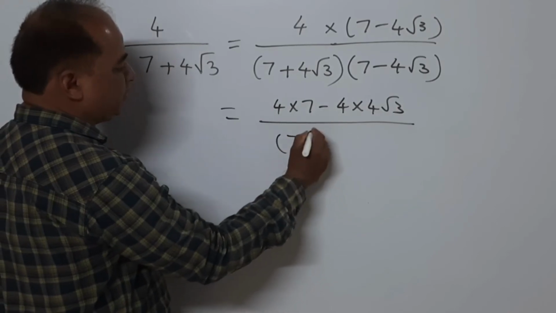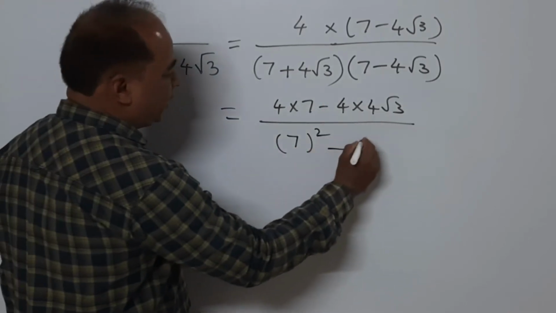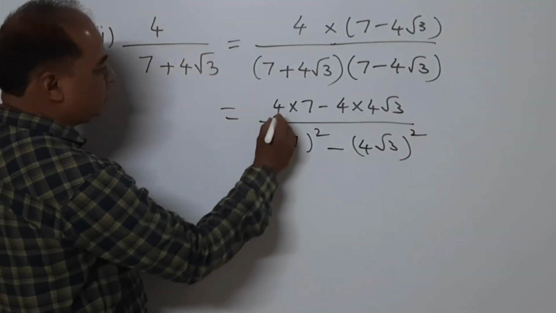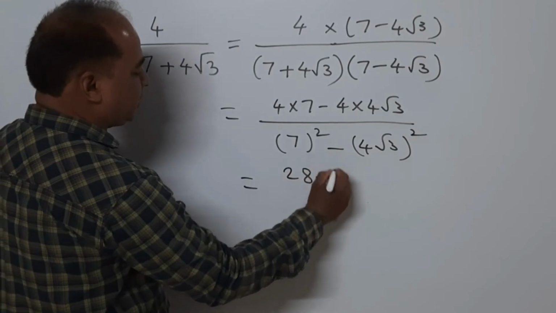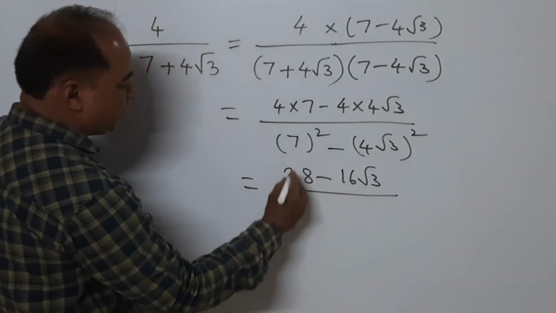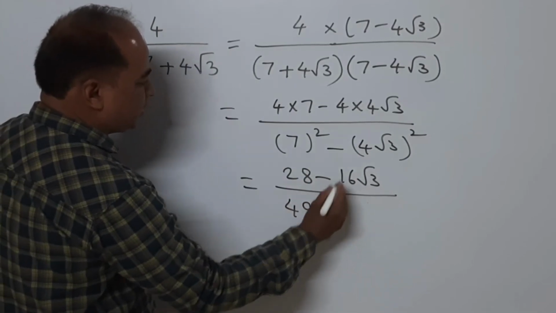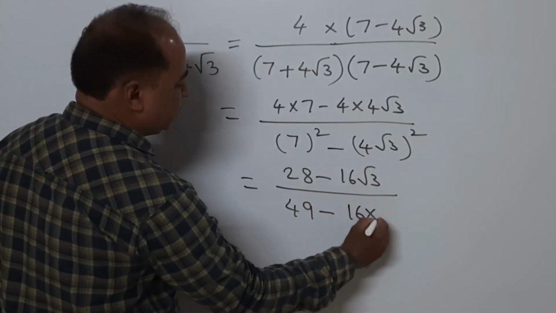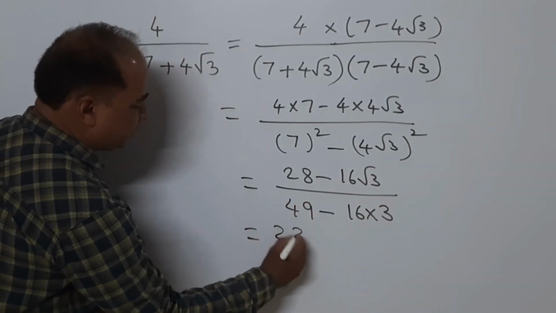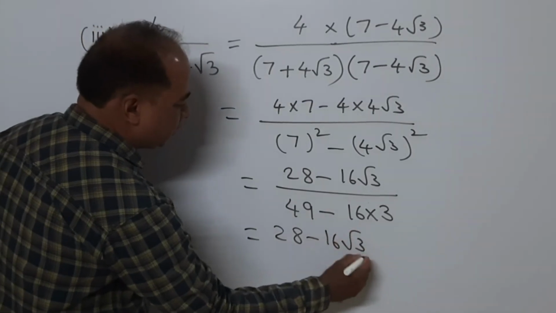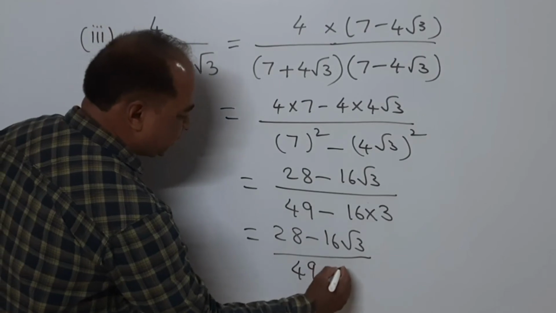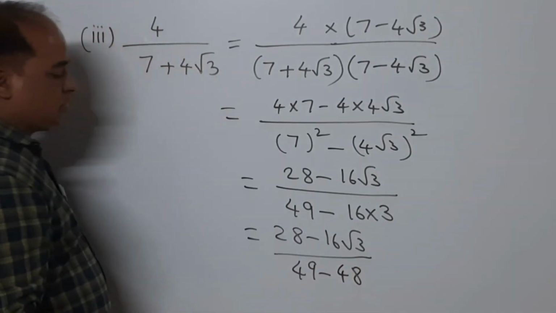So in place of a there is 7, 7 square minus 4 root 3 bracket square, which is equal to 7 4s are 28 minus 4 4s are 16 root 3 upon 7 square 49 minus 4 square 16 into 3, which is equal to 28 minus 16 root 3 upon 49 minus 16 3s are 48.